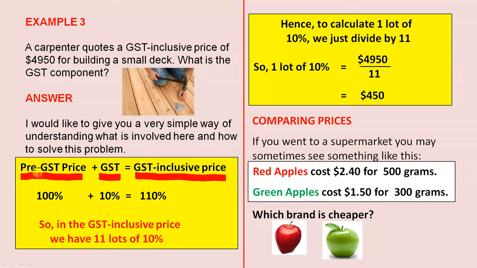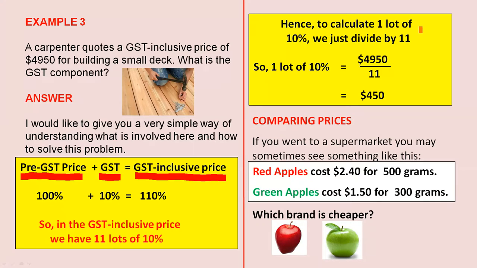So if we let the pre-GST price be 100%, we add 10% for the GST, that gives you 110%. And that 110% means it is the GST inclusive. So in the GST inclusive price, we have 11 lots of 10%, because it's 110%.